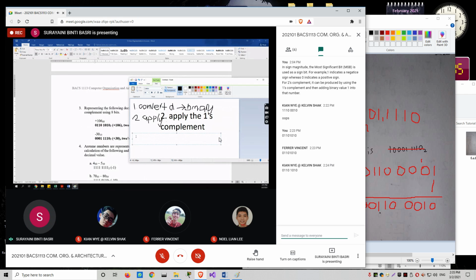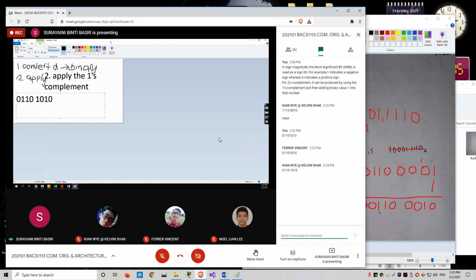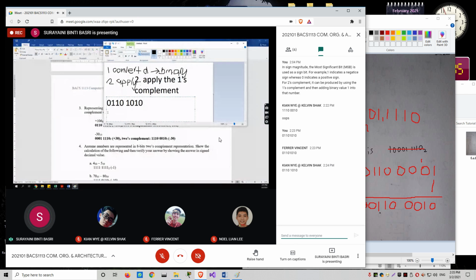Okay, first, after you convert 106 you get 0 1 1 0 1 0 1 0. This is the first step. After that, you apply the first complement. The first complement is by inversing each of these numbers to its opposite number.